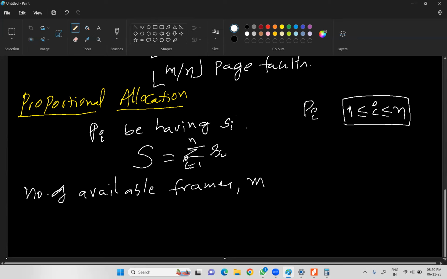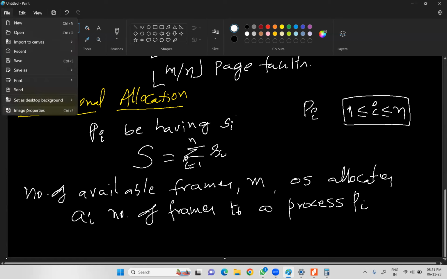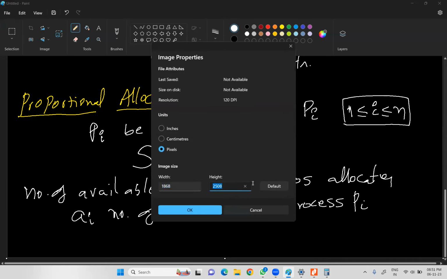The operating system may allocate ai number of frames to a process pi. For a particular process, it is allocated something like that.